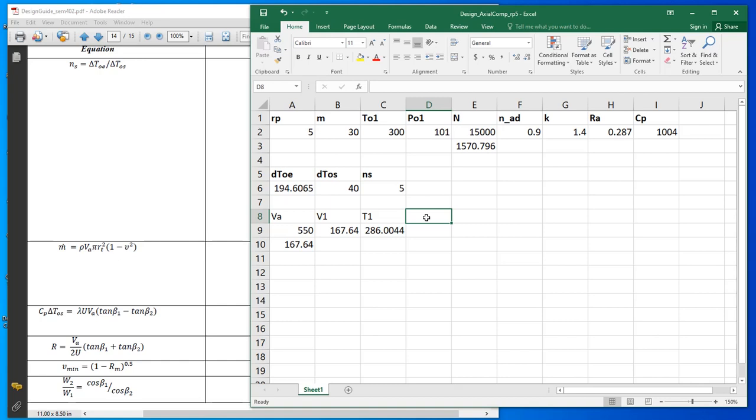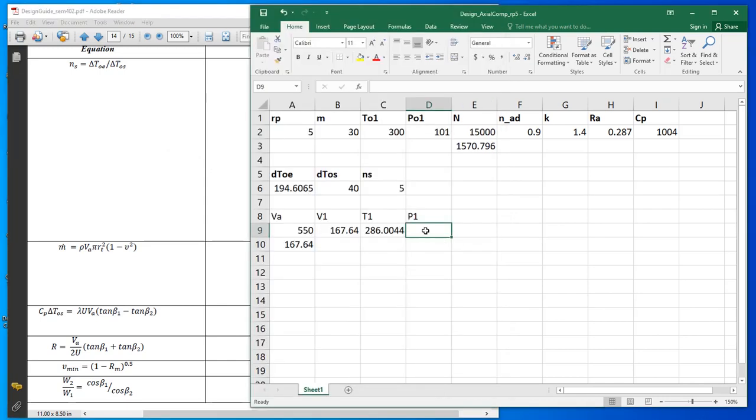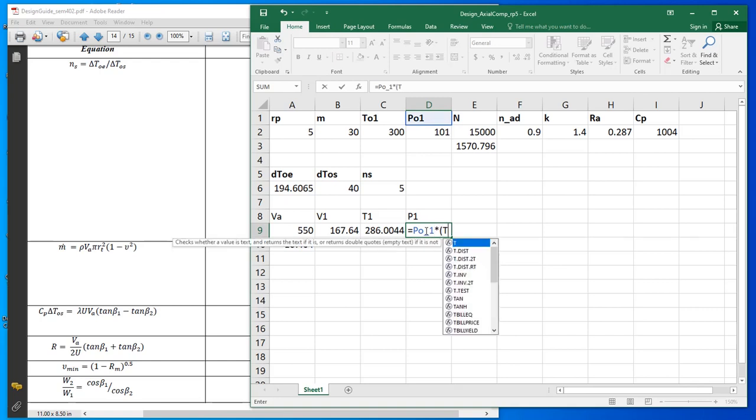Now P1, we will get our P1 from that formula. So P1 is equal to P01, and it's not picking up P0 underscore 1, multiplied by T1.